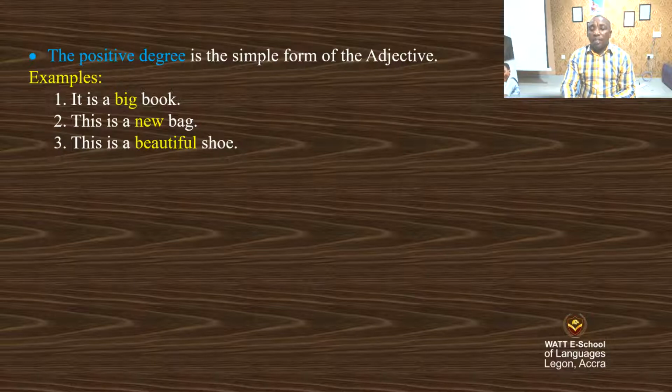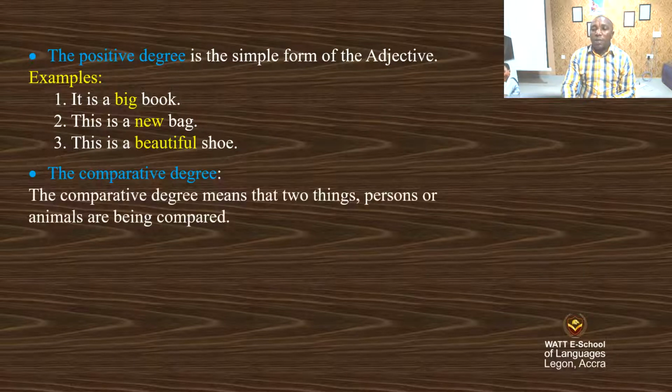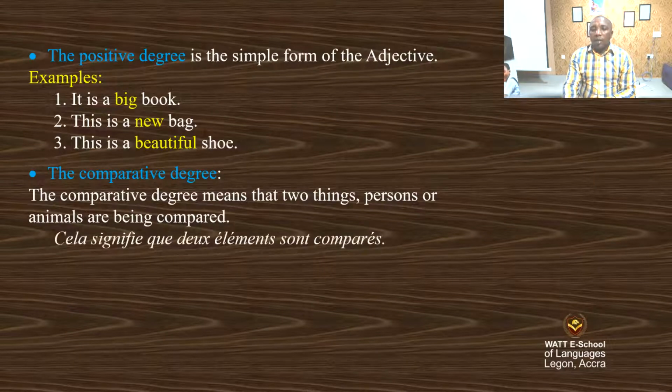Now we have another degree, the comparative degree. The comparative degree means that 2 things, persons or animals, are being compared. We put side by side 2 things, persons or animals. Examples: this book is bigger than that one.